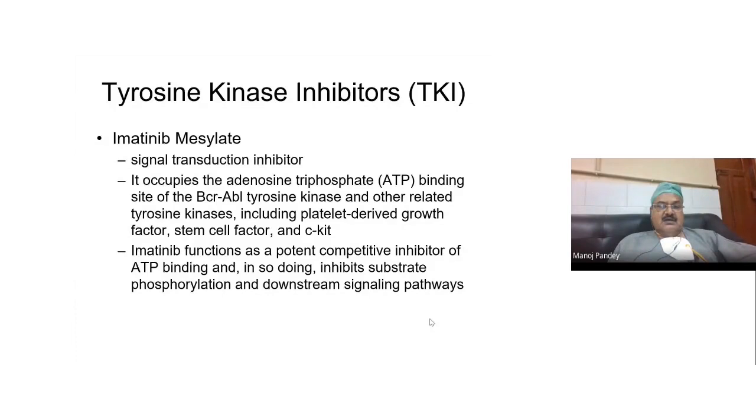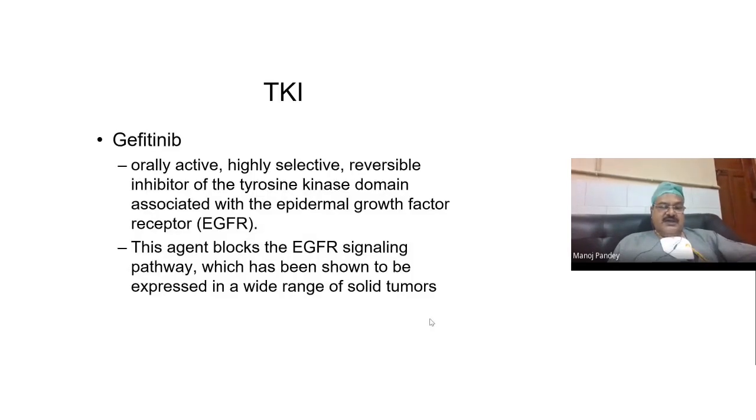BCR-ABL translocation is seen in CML, and this drug is very effective in all those patients where there is a BCR-ABL translocation. Then there are EGFR tyrosine kinase inhibitors like gefitinib.